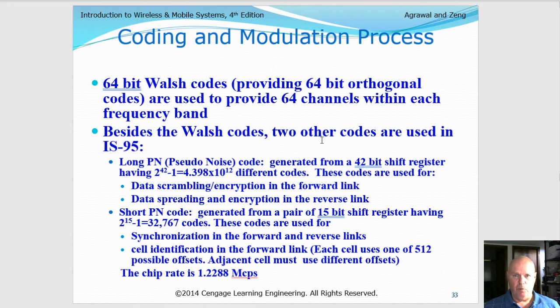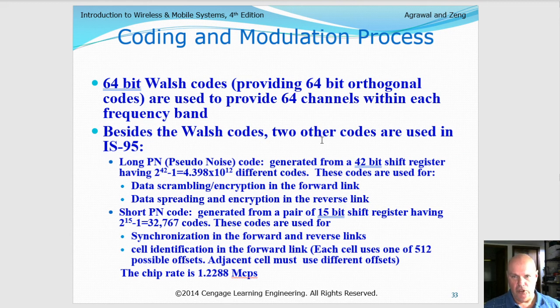And the 64-bit Walsh codes are well known. So if that's all that was used, the radio signals could actually be decoded. Using any one of the 64, or using all 64, you could recover the data.